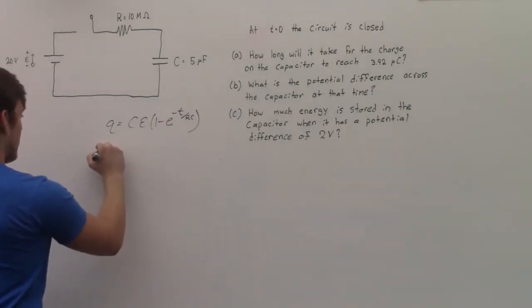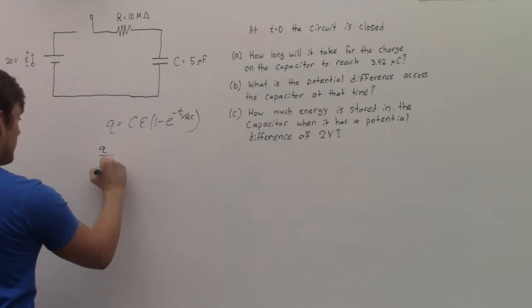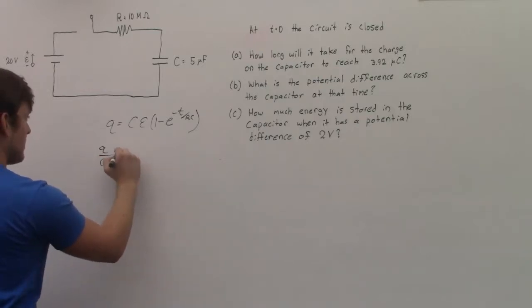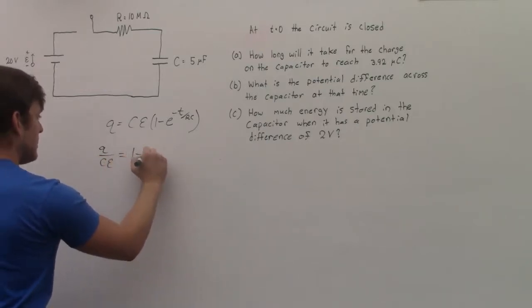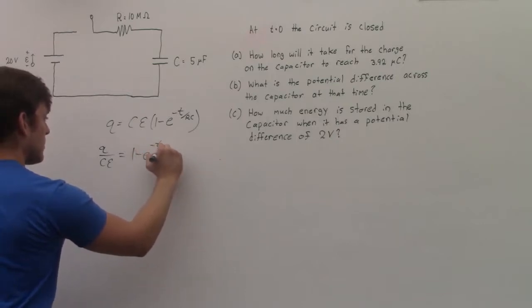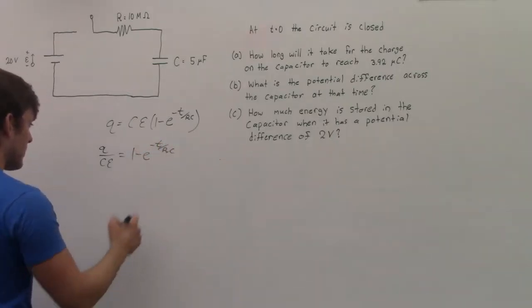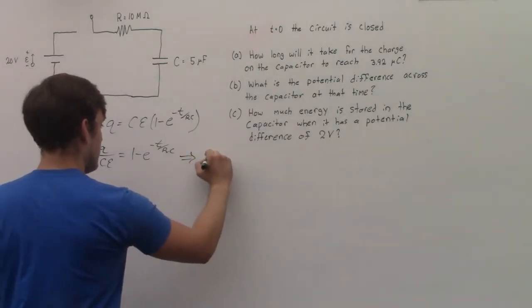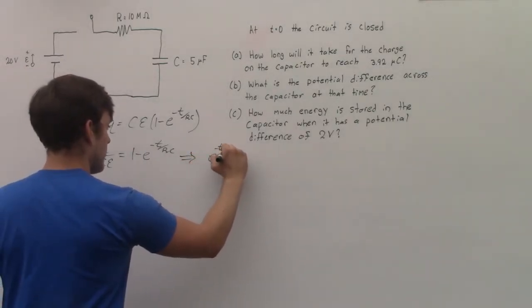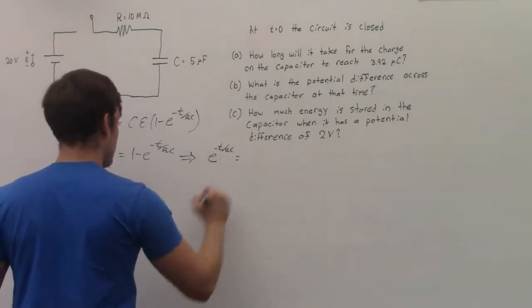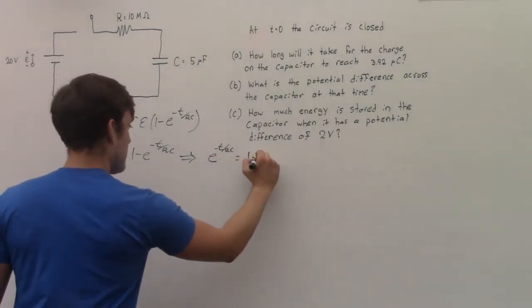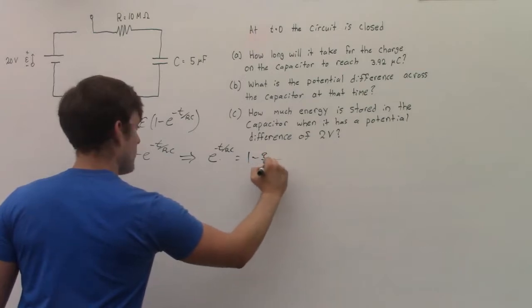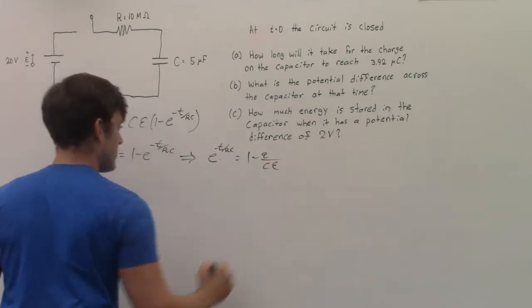So let's divide out by CE: Q over C epsilon equals 1 minus e to the minus t over RC. We can rearrange this and get e to the minus t over RC equals 1 minus Q over C epsilon.